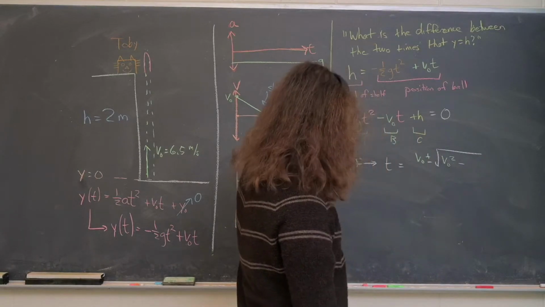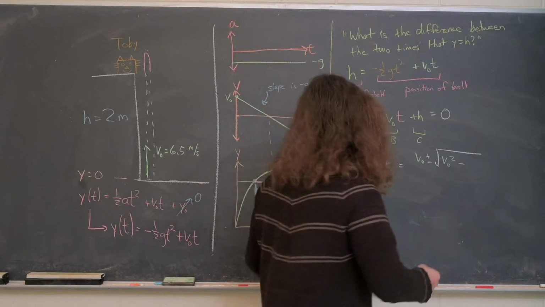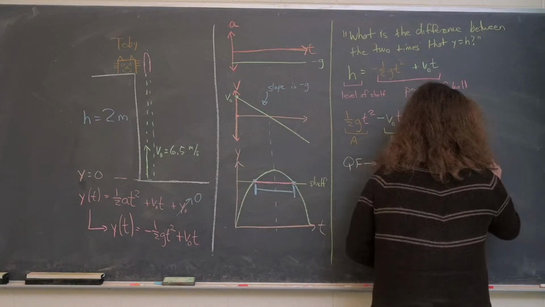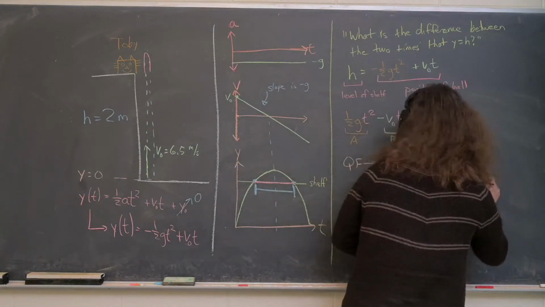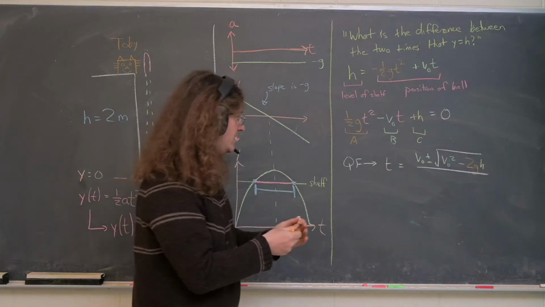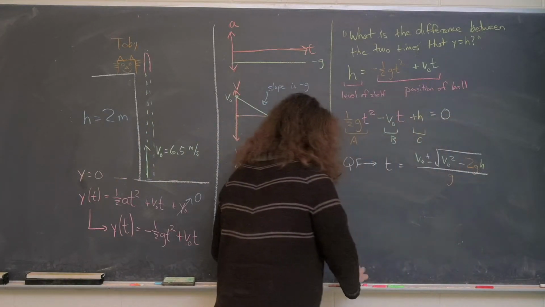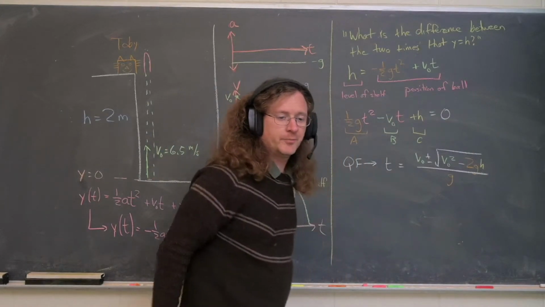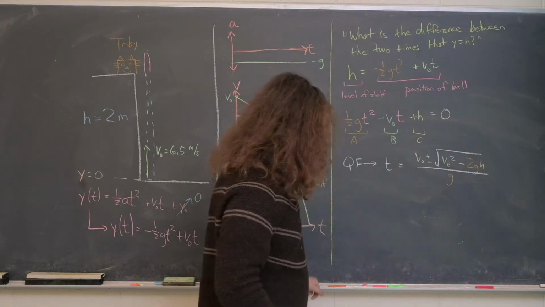The 4 turns the 1/2 into a 2, so I get 2gh. All of that is divided by 2a. Well, a is 1/2 g, so all of that is divided by g. Now, at this point, I should put in the numbers. Right? All that's left is to do the calculating.